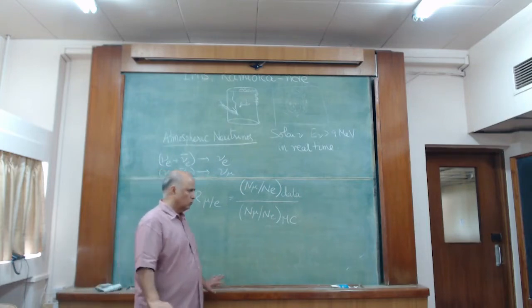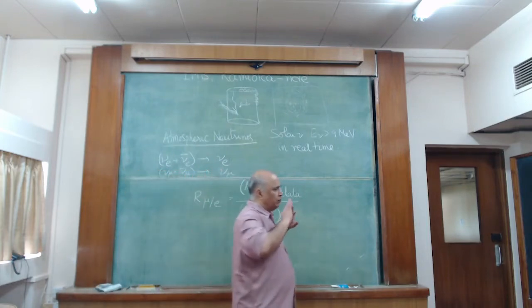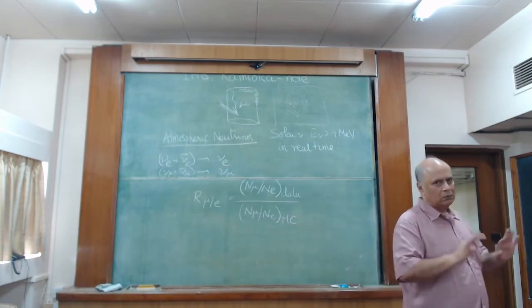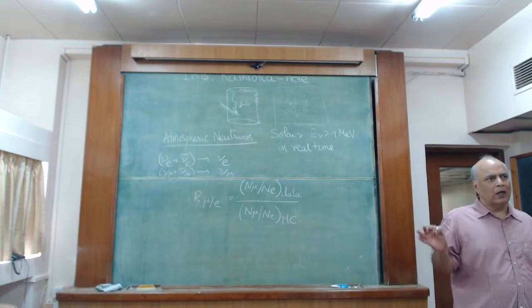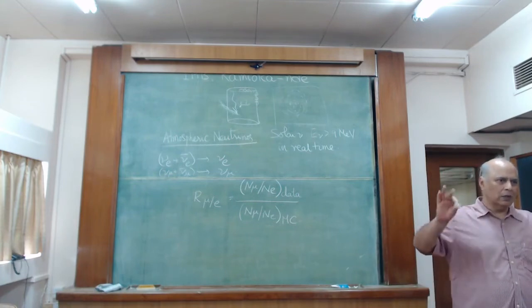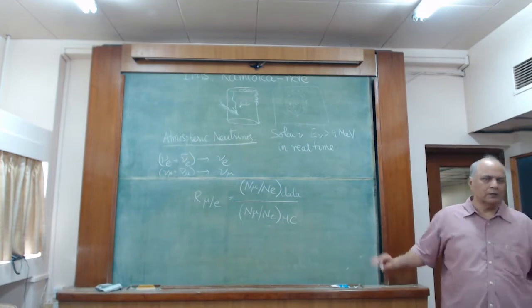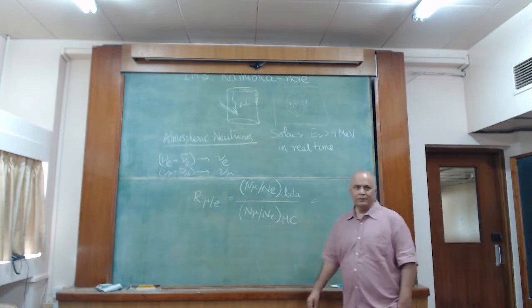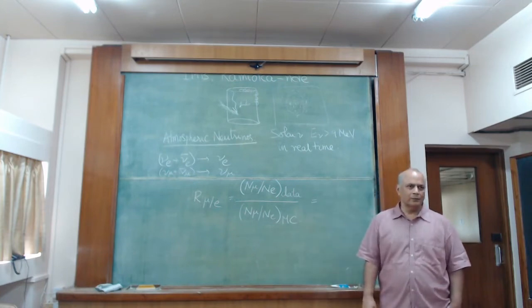So if neutrinos don't do anything except behave as given by the standard model, as given by the charged current interactions, then what do you expect this ratio to be? Two.